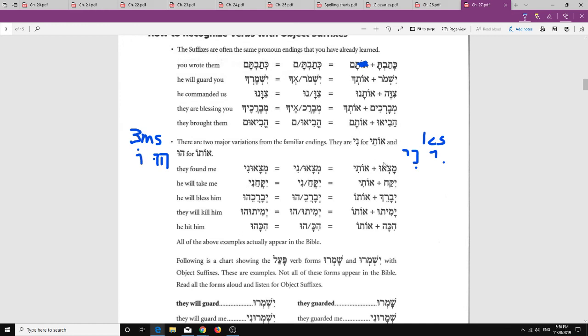And because we can't have something like yamituo, which wouldn't work in Hebrew, it becomes yamituhu. So while both of these are different, I think that they still make sense, and I hope that you're able to see that and record this in your memory. For me, what's most helpful is relating it to the hu, meaning "he."